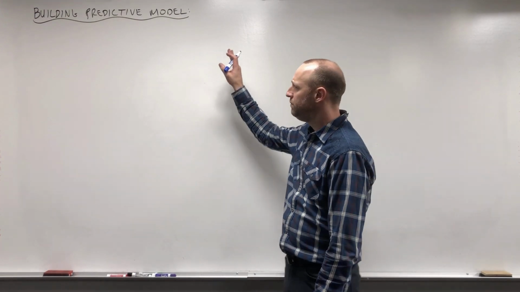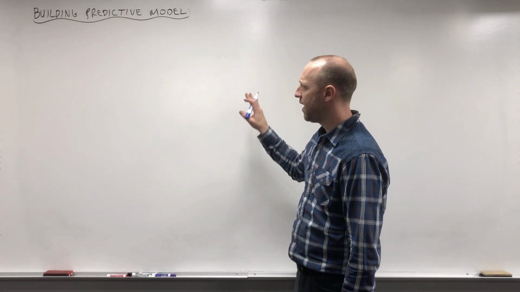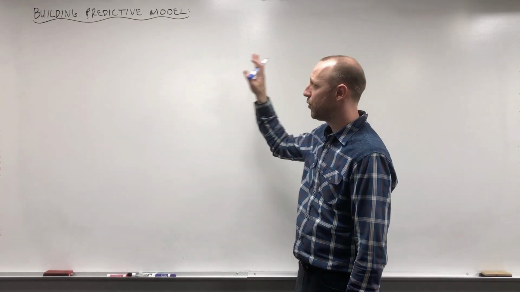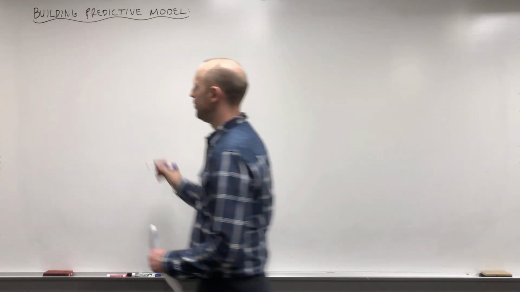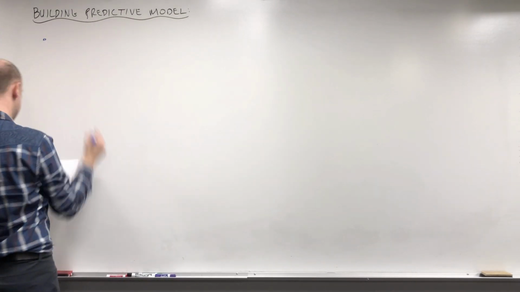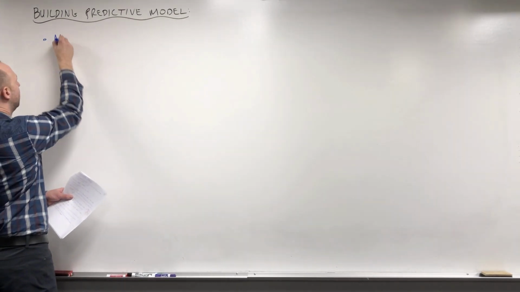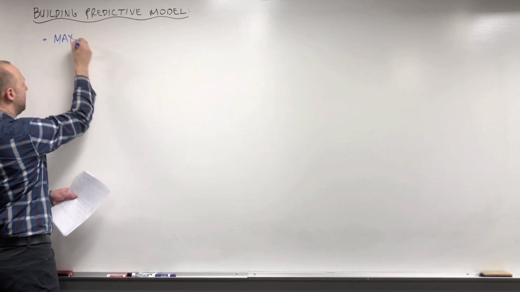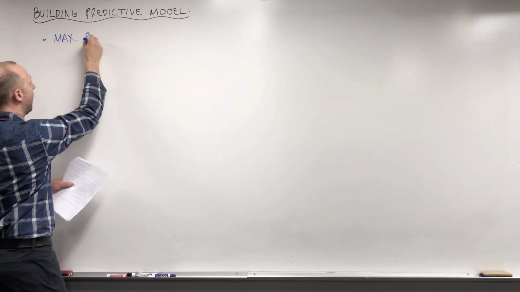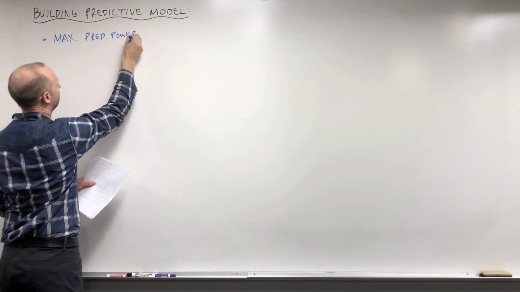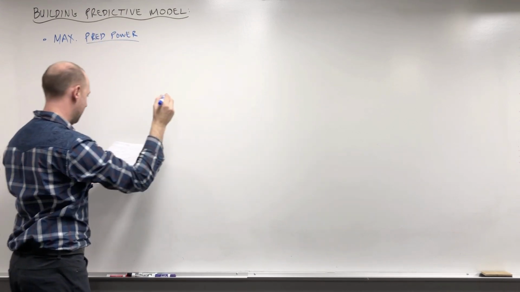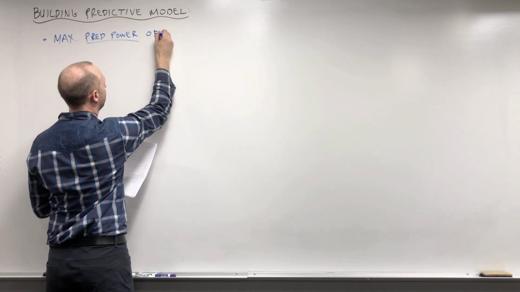So what I want to do is give some guide or some suggestions, some things that are important to consider and think about when building a predictive model. So the first thing I want to say here is that really the goal here is you want to maximize the predictive power of the model.